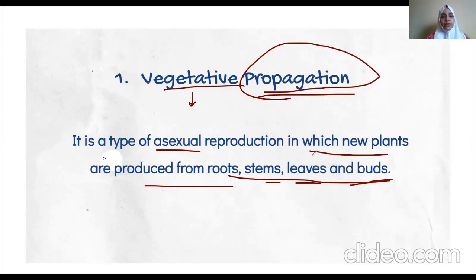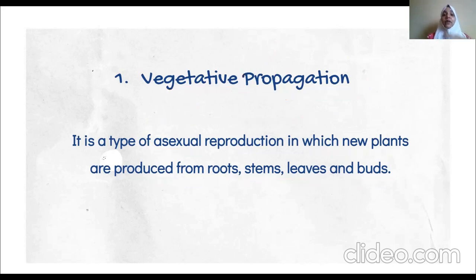If you take a leaf, that leaf is capable of producing a whole new plant. If you take a root, that root is capable of reproducing into a whole new plant. Okay, so that is what we mean by vegetative propagation. Isn't it interesting that just a part of the plant is capable of reproducing into a whole new plant?